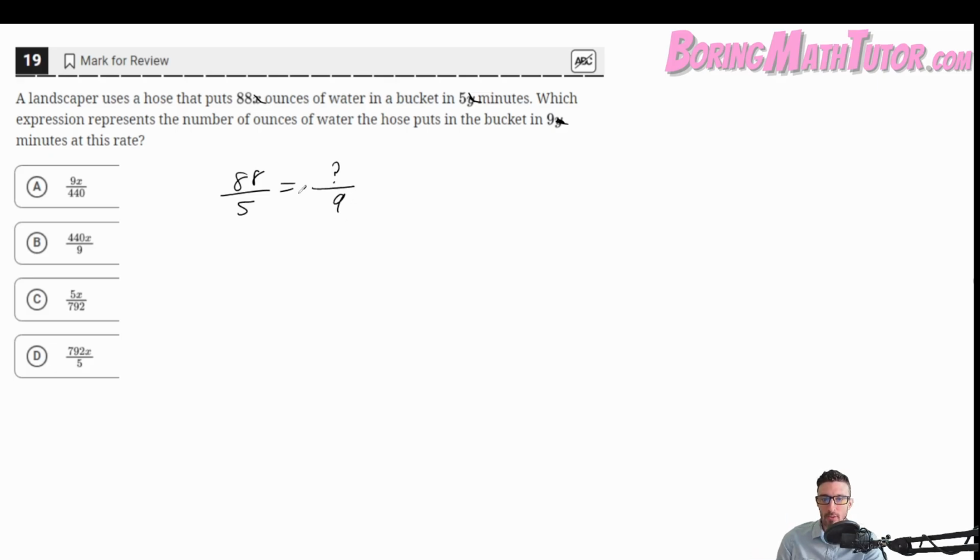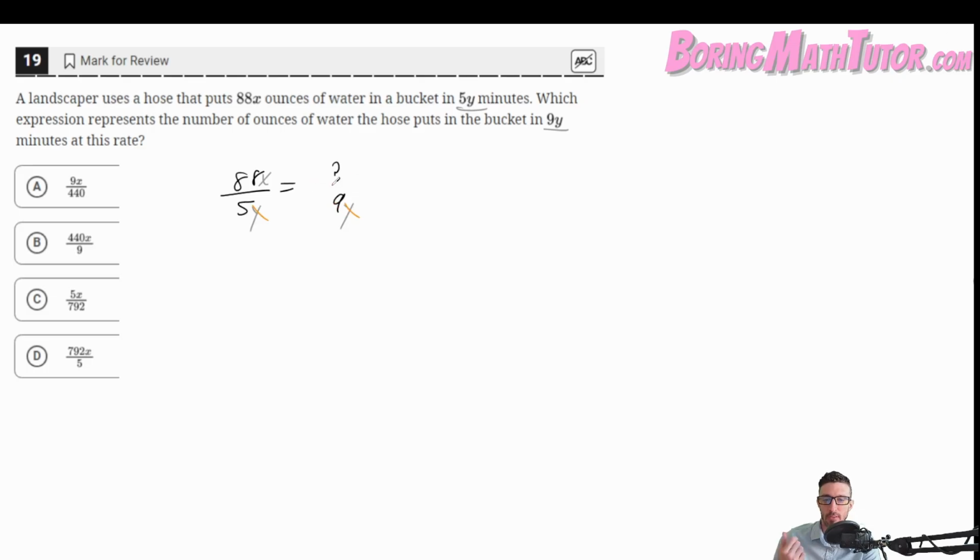Now, it wasn't really 88. It was supposed to be 88x, and it wasn't 5. It was 5y, and over here it wasn't 9. It was 9y. So now the proportion is set up correctly, and nice enough for us, the y's can actually cancel out on both sides, and all we have to do now to solve for that mystery amount is to get rid of the divide by 9.